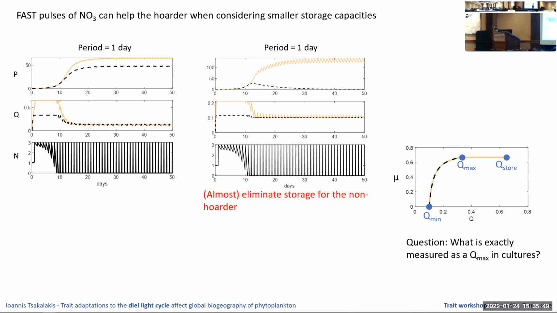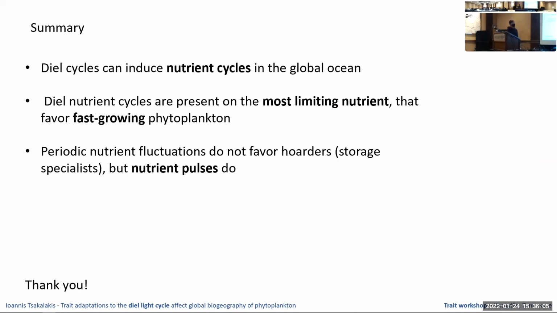But if the Qmax includes lipids and carbohydrates, maybe we need to use something like this, like a shorter growth rate in the Qmax. And then in that case, maybe the storage can help even under fast resource fluctuations. So that's all for me today.